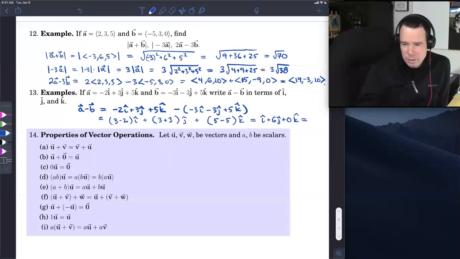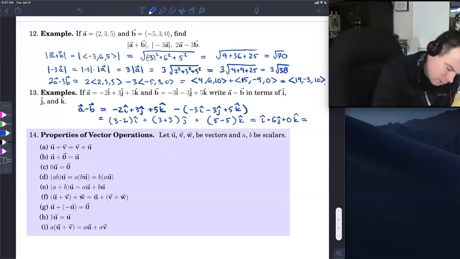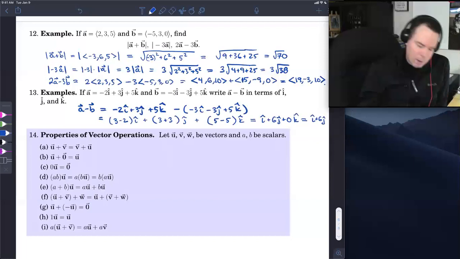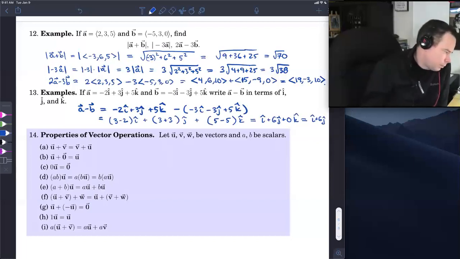And the nice thing about this notation is that we don't really need to keep that 0k hat. 0 times anything is 0, and then added to anything is just whatever you're adding it to. So I can get rid of that 0k hat, and I'm just left with this expression, i hat plus 6j hat.